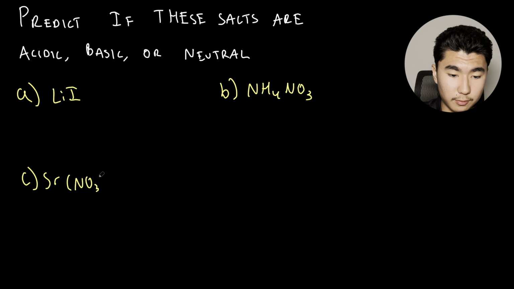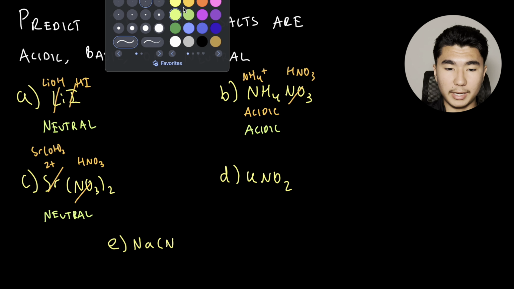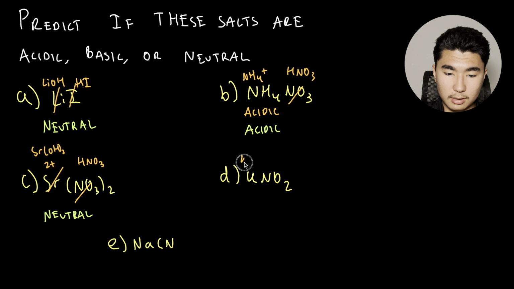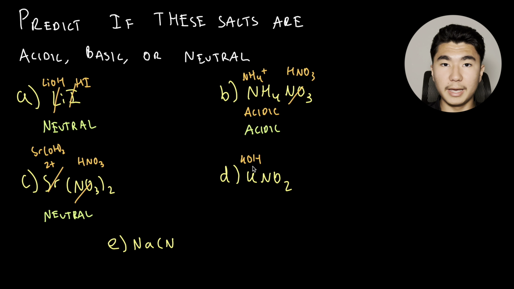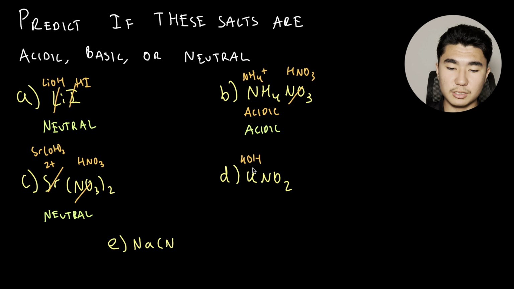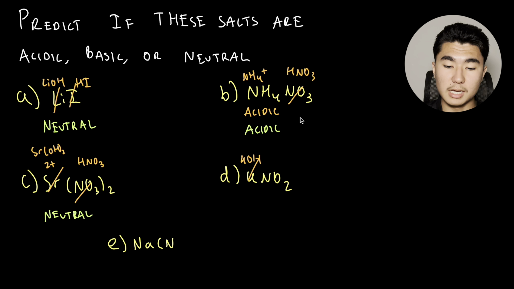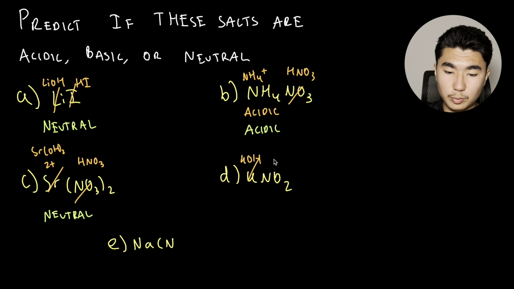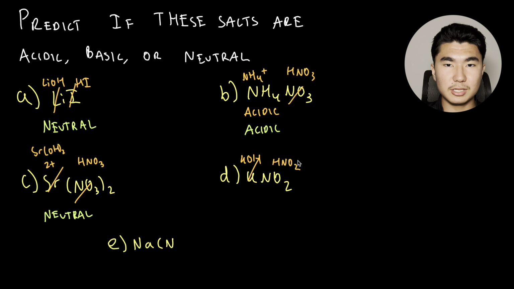And let's look at this one, D over here. So what we have is KOH. And K, that potassium is a strong base, or it's a group 1 element, so we can write that off. So that's a strong base. But NO2, if we do HNO2, doesn't really look like it's a strong acid. So we got something right there.